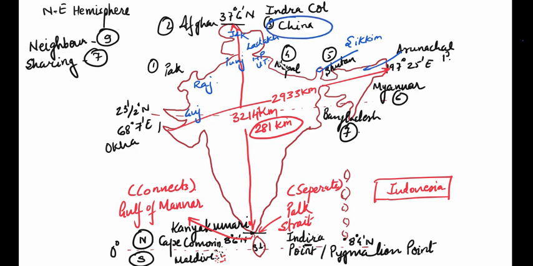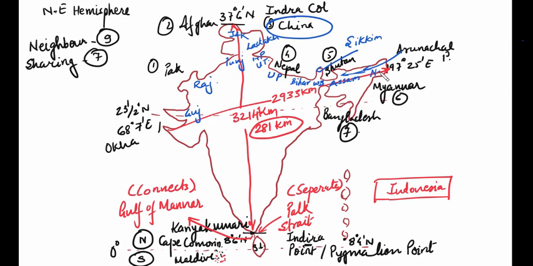Then the states which are sharing their boundary with Nepal: Uttarakhand, then UP, and here Bihar, somewhat West Bengal, and Sikkim. Then the states which are sharing their boundary with Bhutan: Sikkim, West Bengal, here then Assam, and again this part Arunachal Pradesh. States which are sharing their boundaries with Myanmar: Arunachal Pradesh at the top, but it is not going to connect.